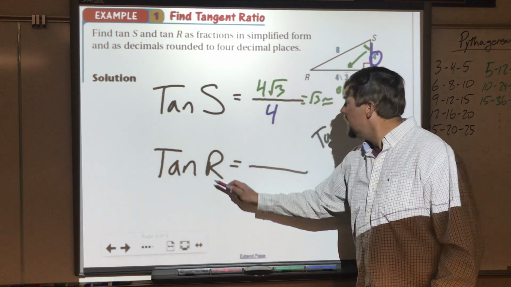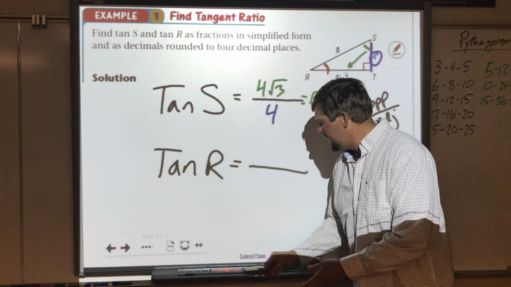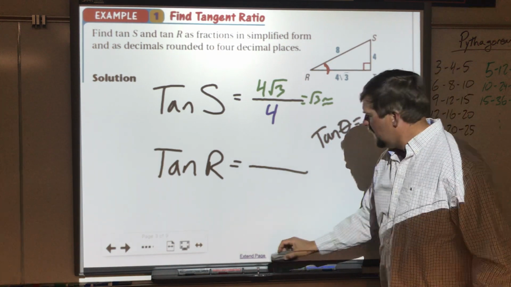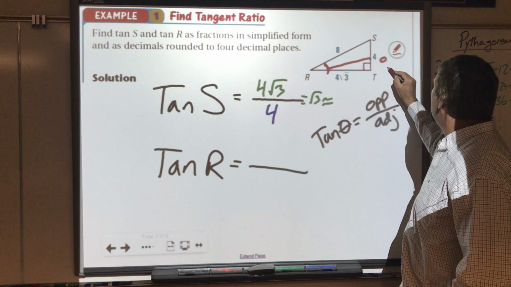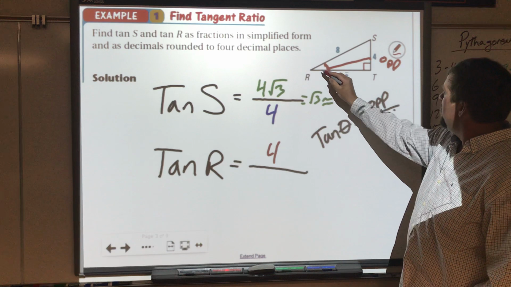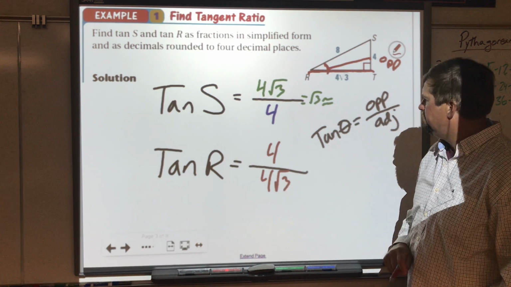Now, when we are talking about angle R, I'm going to erase this. When you're talking about angle R, the opposite side now is the 4, and the adjacent leg is the 4 square root of 3.